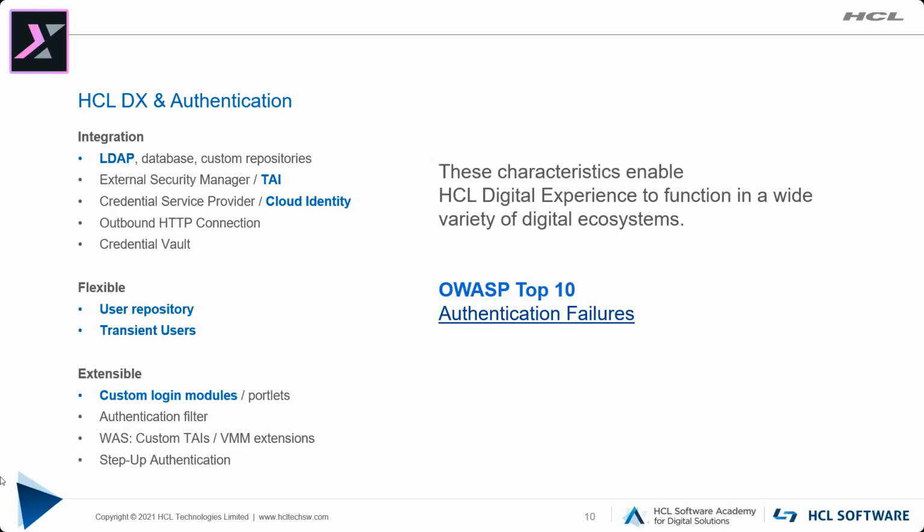The first being the user repository. Where do we keep record of who these users are? Integration with other systems via trust association interceptors. And that is a WebSphere Application Server term, meaning we're going to use a certain interface for determining user identity.